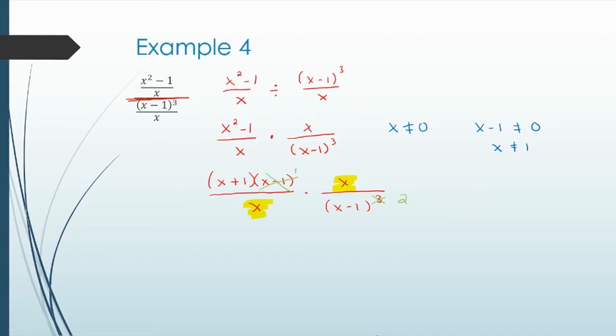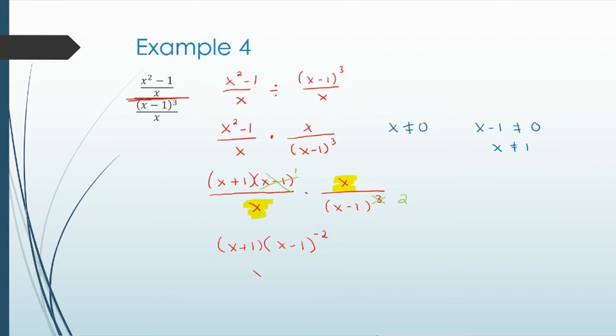So I have x plus 1 left on top, and then for the x minus 1, it's the top exponent minus the bottom. So if we don't worry about the green, that's 1 minus 3. So that would be negative 2.